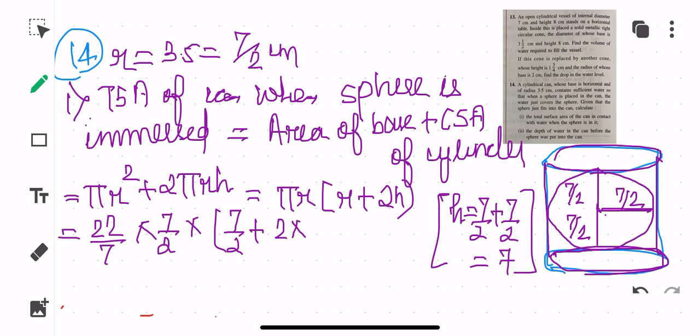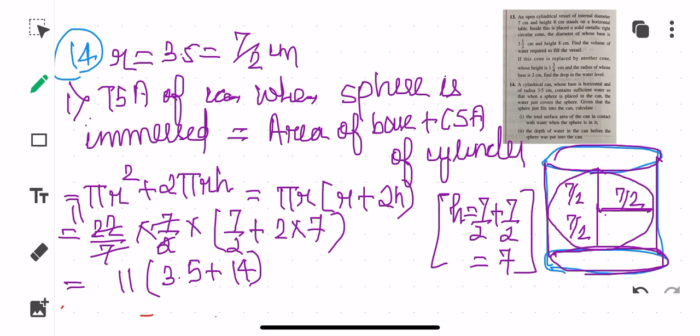Okay, so what I will be writing now is that this is equal to 22/7 into 7/2 into 7/2 plus 2 into 7. So this is getting cancelled, and I am getting 11. 7/2 you can take as 3.5 plus 14. So 14 plus 3.5 is how much, children? 14 plus 3.5 is equal to 17.5.